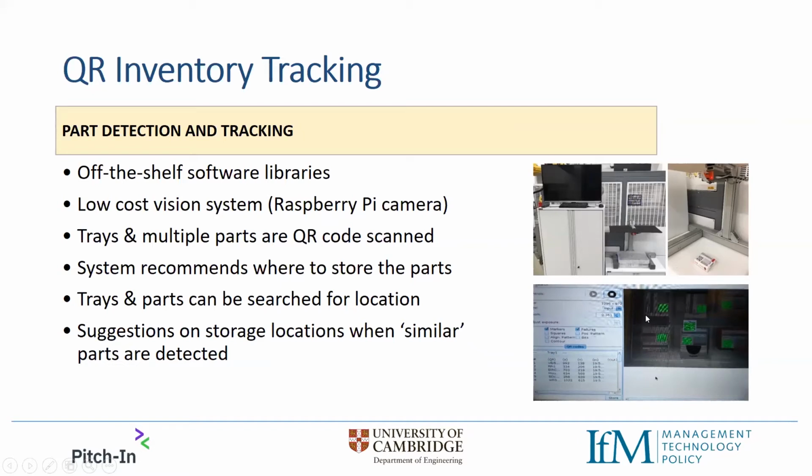What this system does is it recognizes automatically the QR codes, and if the tray has a dedicated place where it can be stored, the system will automatically tell you where you can put the tray. But if it happens that you put a part that is already present somewhere else, it will suggest that you put it together with the rest.